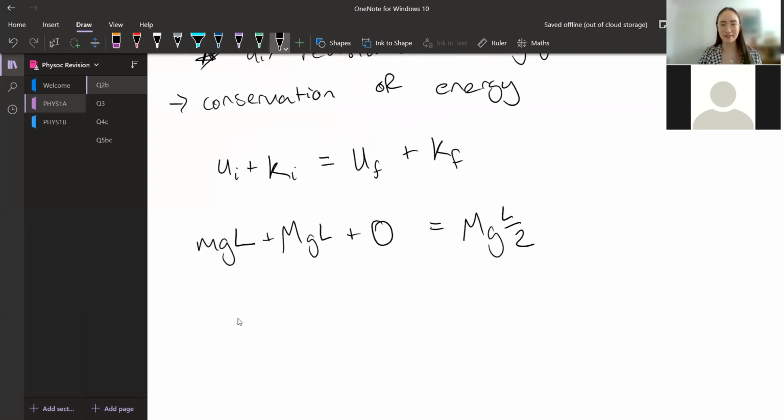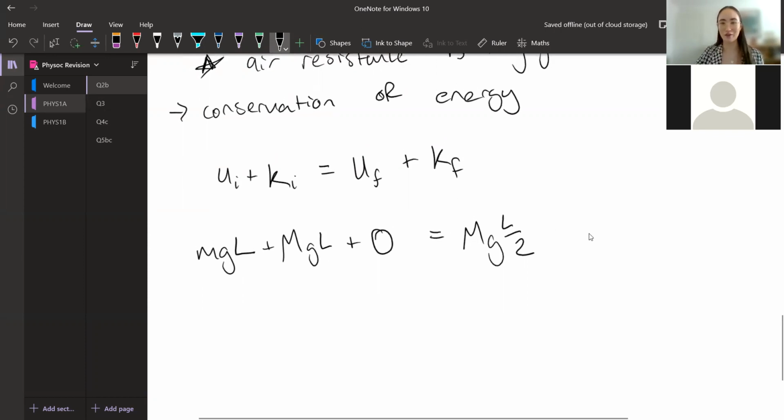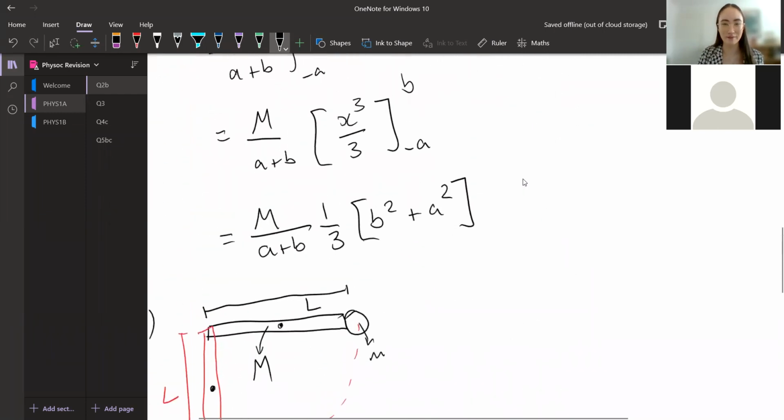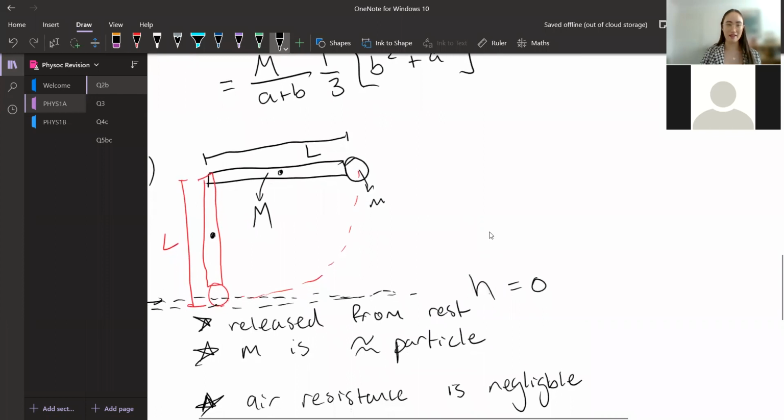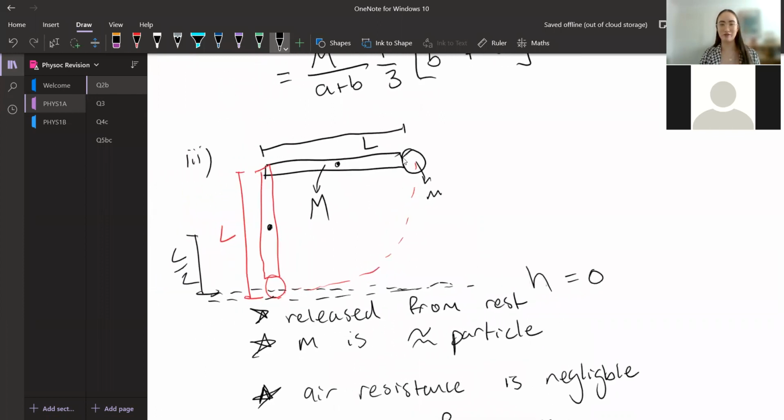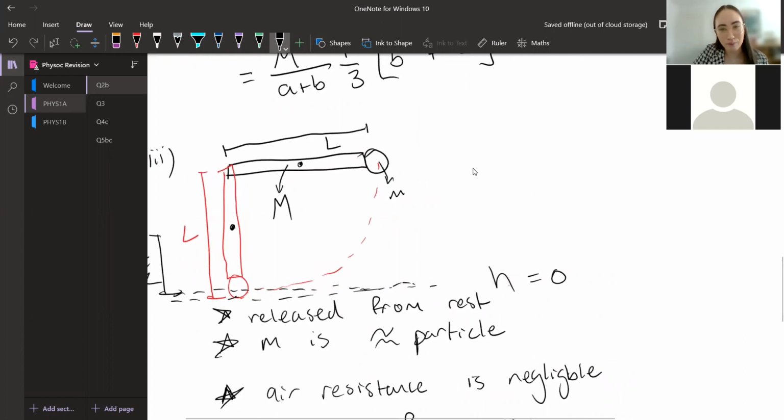And because it's lost all this potential energy that it started off with, and now only has a small amount, it's going to gain a lot of kinetic energy. And we want to figure out what form that's in. And we're pretty much going to split it into the rod and ball components again. Now for the ball, we're assuming it's a particle, right?